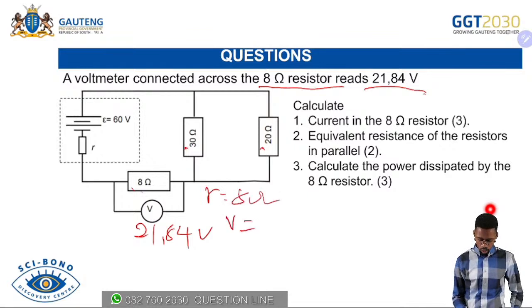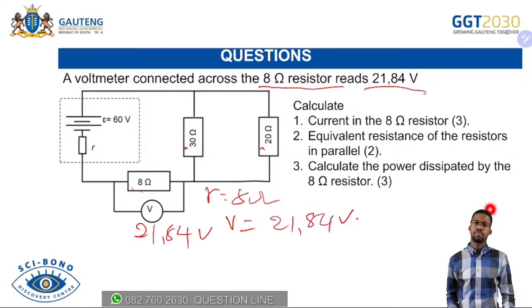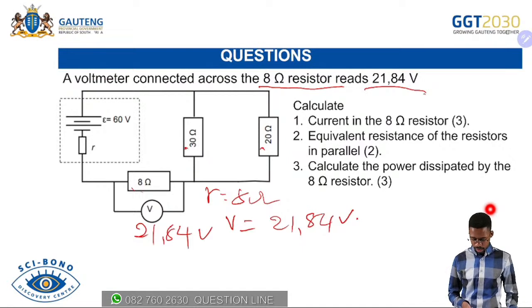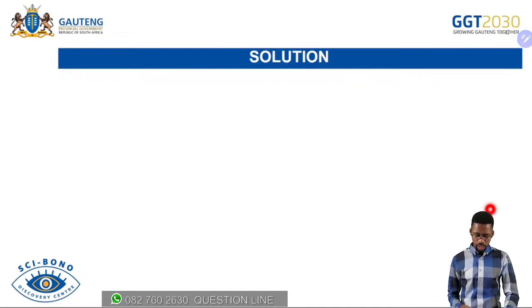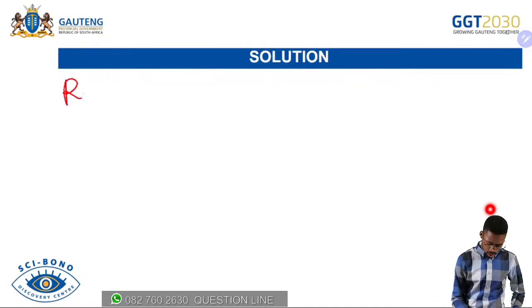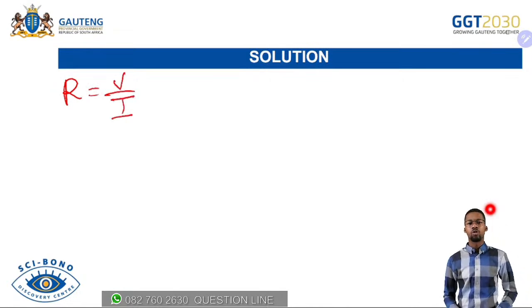We do have the value of V, which is 21,84 volts. So you just write the equation, R is equal to V over I, the way it appears on the data sheet.